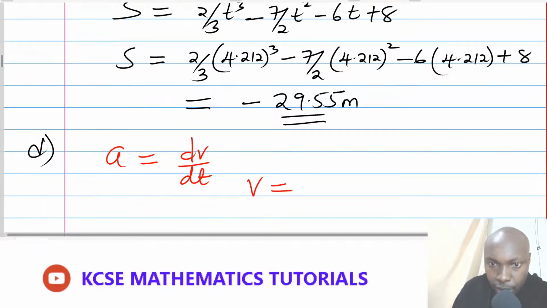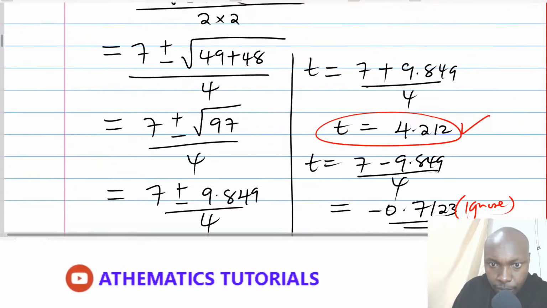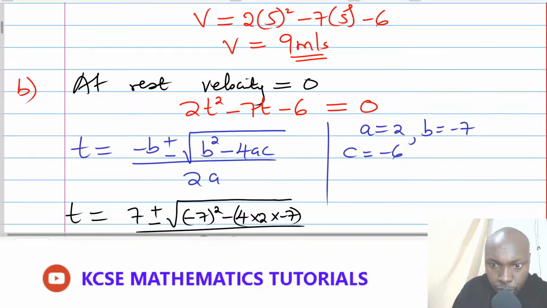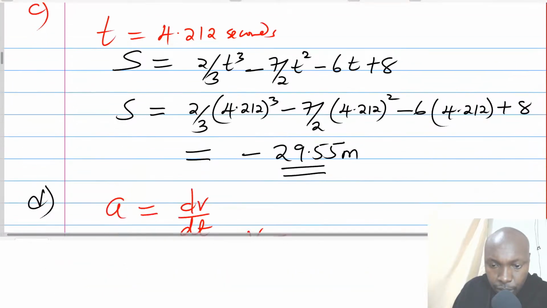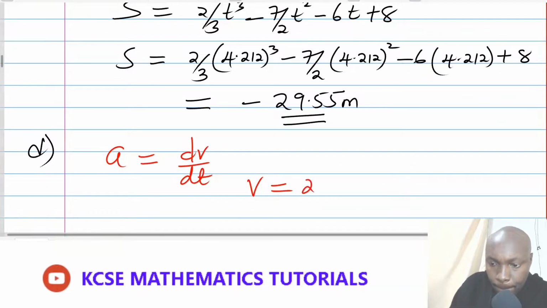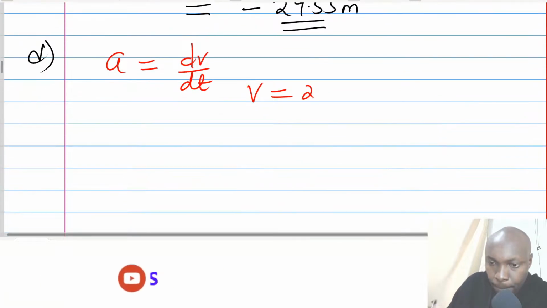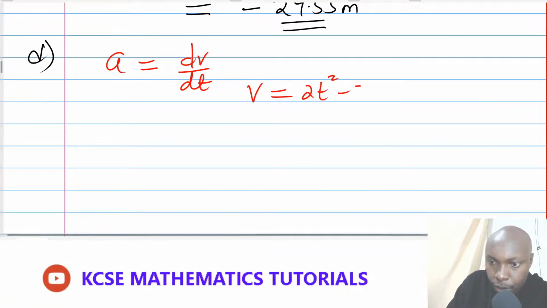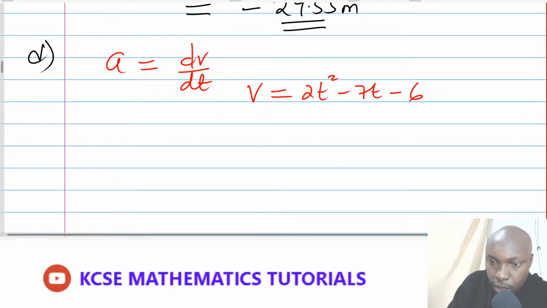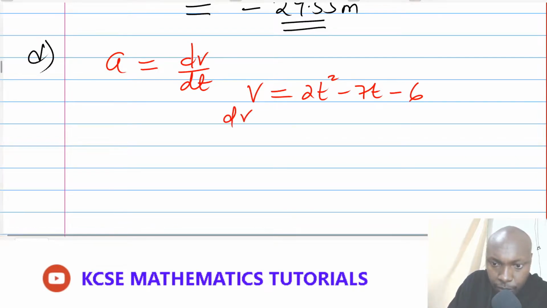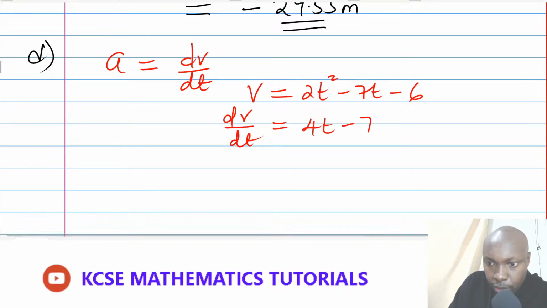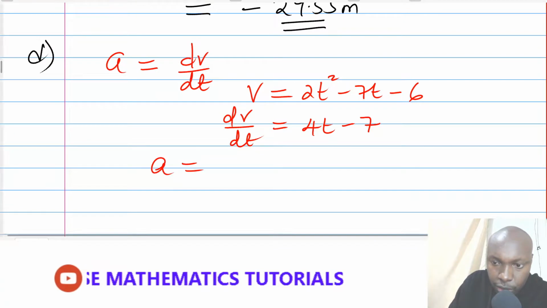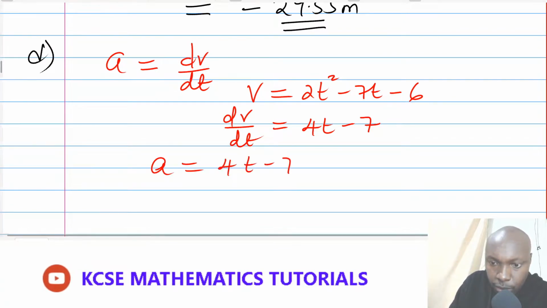We already had that in the second part: 2t squared minus 7t minus 6. When you differentiate this, we get acceleration, which is 4t subtract 7.